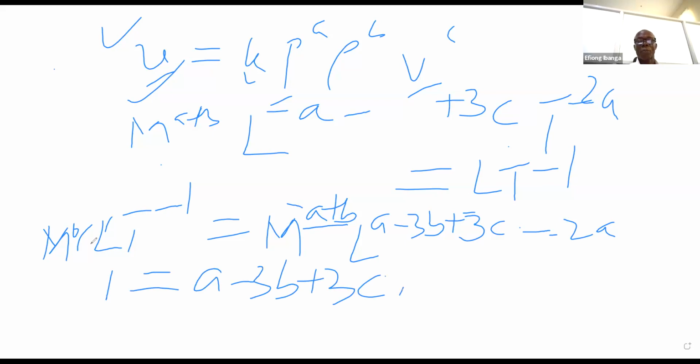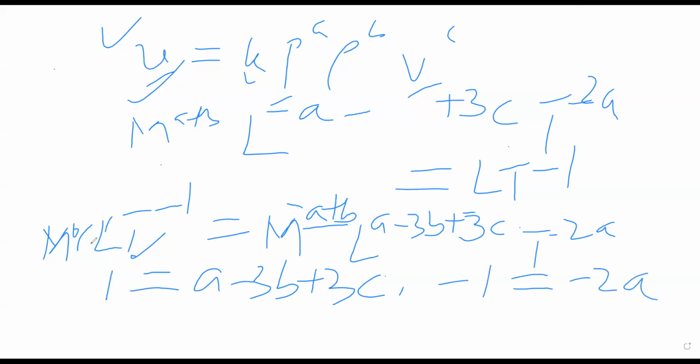Equating that with t to the minus 2, what did we write there? Minus 2a, for the last one. Yes, sir, minus 2a. So that means we are going to have minus 1 is equal to minus 2a, isn't it? So that means my a is going to be equal to half, isn't it?